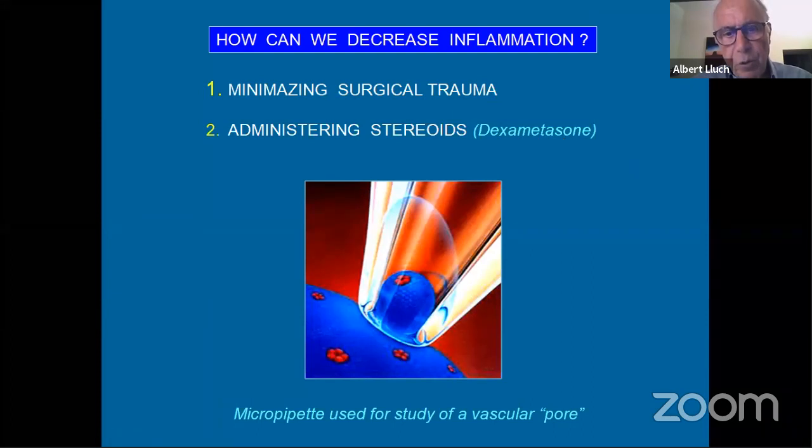Steroids close these little pores. This is a capillary, and these are the pores.